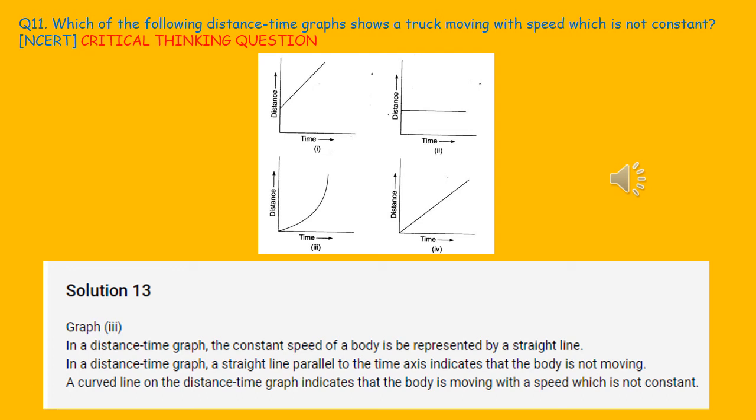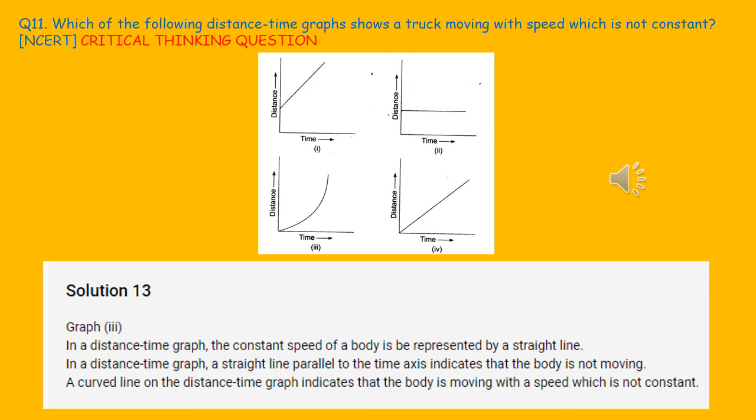Which of the following distance time graphs shows a truck moving with a speed which is not constant? Here four graphs are given. In the first graph, it's a straight line. So it is showing the motion of a body with constant speed, but when the observation was started, the body had already travelled some distance.